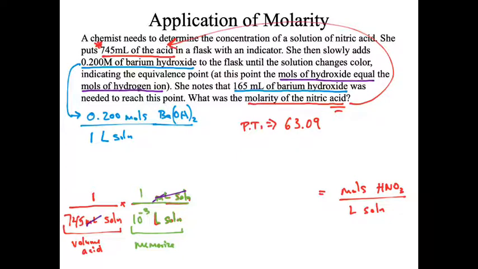What are the units on that? Grams of nitric acid per mole of nitric acid. How many moles of nitric acid? 1 mole of nitric acid. Cool. So could I use that?